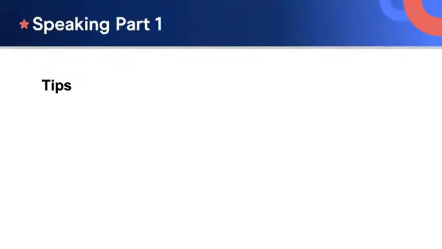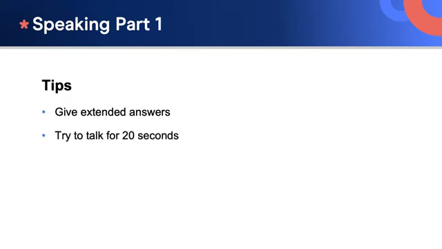You'll get up to 12 questions in this part, and it's important to know how to answer them well in the time given. But don't worry, today you'll only get 4 Part 1 questions. Here are my tips for Part 1. First, give extended answers. As a general rule, I'd say try to talk for around 20 seconds for each answer.